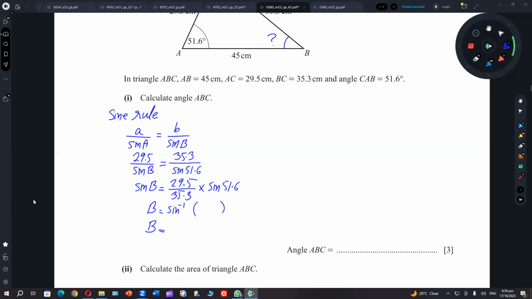So the answer is 40.9. How much? 40.9. Yeah.